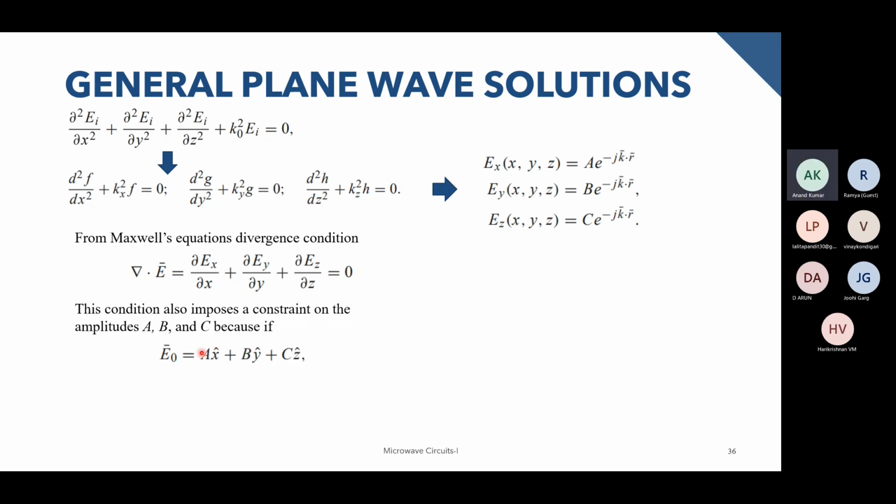Now the electric field can be written as the sum of the components of its magnitude in the different directions, so A x, B y, and C z, and this is how we are defining our electric field finally.